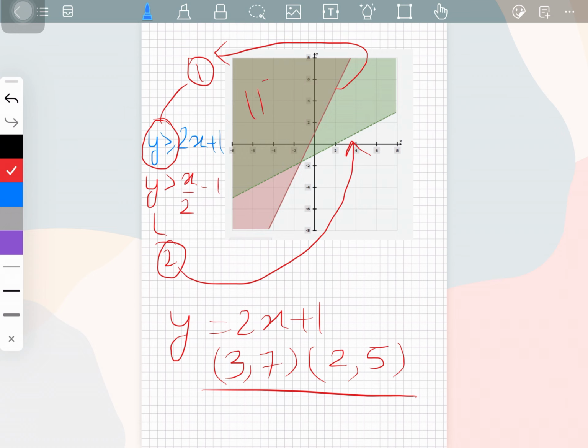The second quadrant does contain a solution, the first does contain, the third also contains, the fourth, does it contain? This is the fourth one. Does it contain? Yes, it contains solution for the second one, this tiny area, but there's no intersection there. So we can say that the fourth quadrant contains no solution.